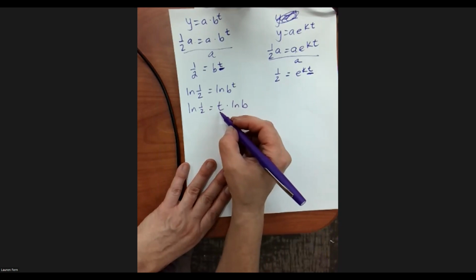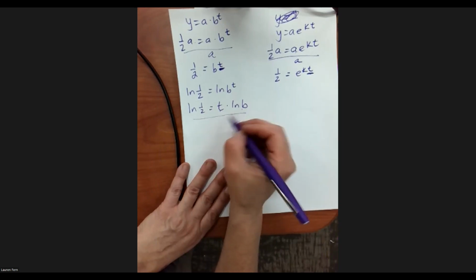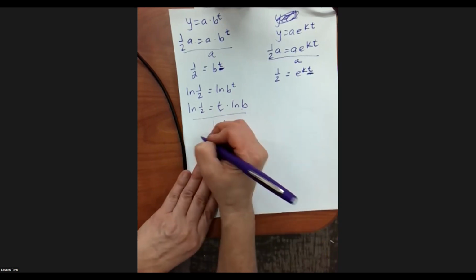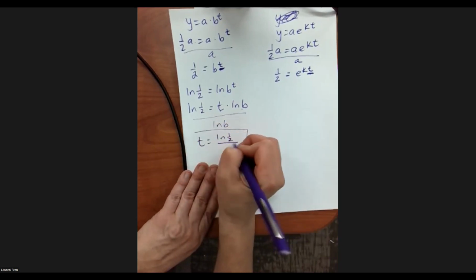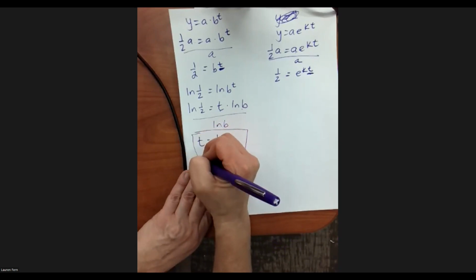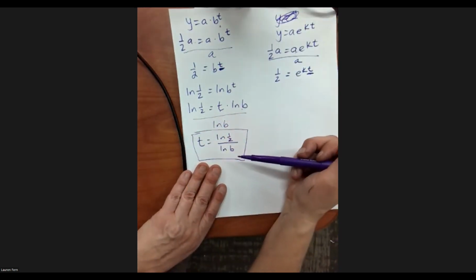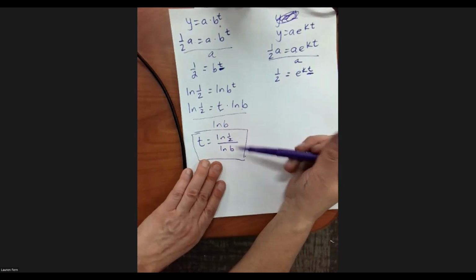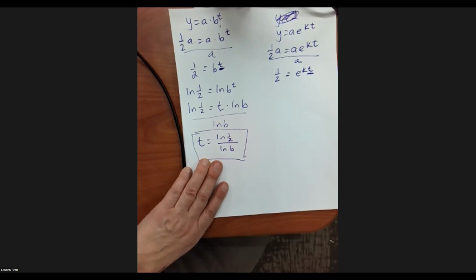Can I solve for t? How do you get t alone? How do you get rid of what you're multiplying by? Divide both sides by the natural log of b. So we can say in general, if we have an exponential function in this form, the half-life is the natural log of 1/2 divided by the natural log of b. You cool there?